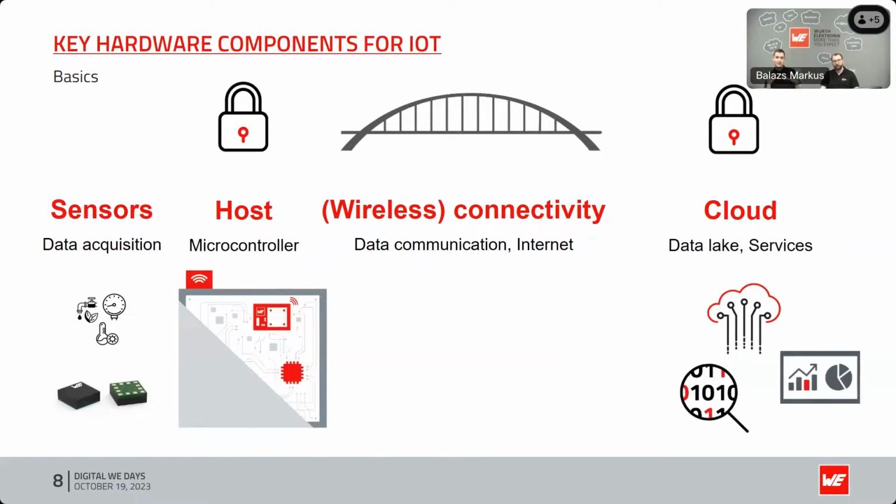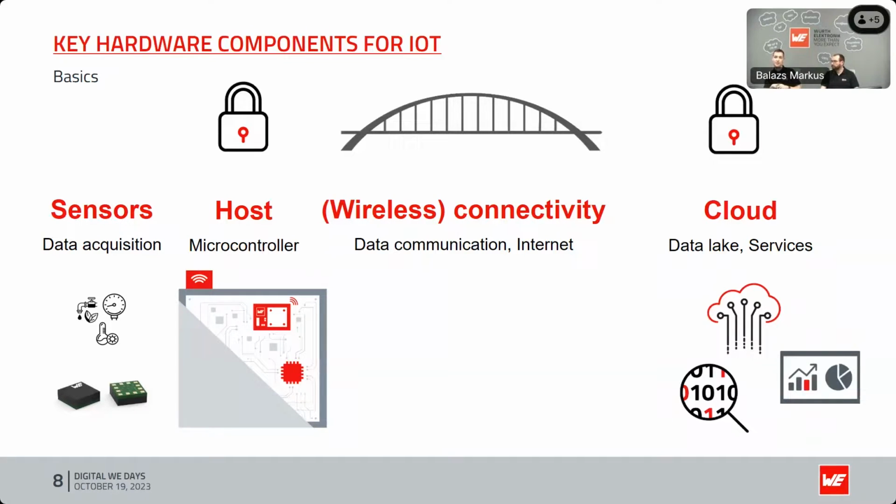So first, we have some sensors, which are the eyes and the ears of IoT. They collect data from the environment. There is the host, which is usually a microcontroller. You can imagine any kind of microcontroller, even a development board, both from Würth Elektronik. And there is the wireless connectivity, which acts as a bridge between the cloud and the host.